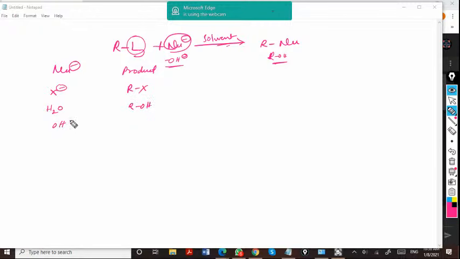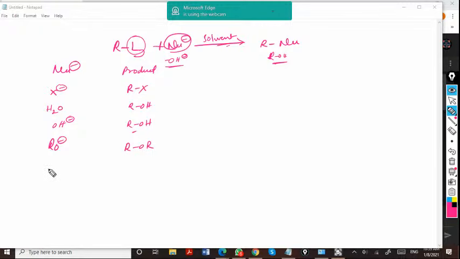If I use OH minus also, it's going to give ROH. In H2O also there will be an OH minus, or simple OH minus like base. Any OH if I take, it is also going to give alcohol. If I take alkoxide RO minus, then I am going to get ROR, which is the ether.